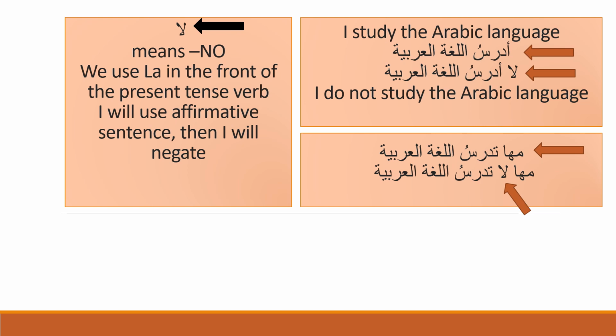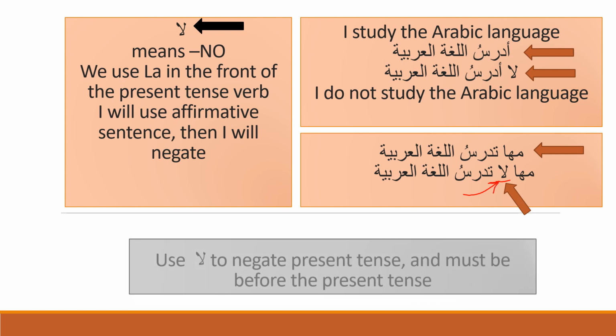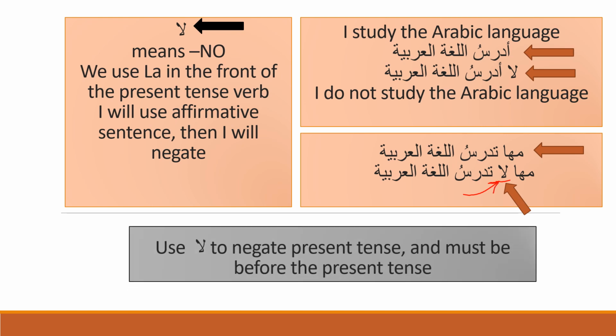Pay attention. لا has to be before the present tense verb, not before my name. You cannot say لا مها تدرس. That's wrong. لا has to precede the present tense verb right away. So we use لا to negate the present tense and it must be before the present tense.